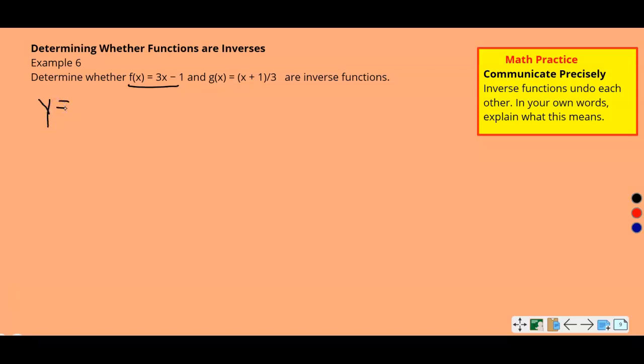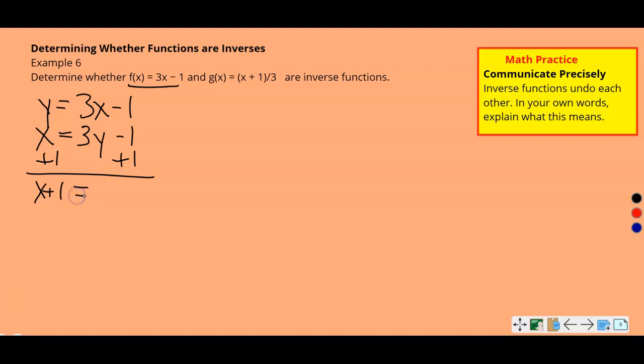So we're going to do y equals 3x minus 1, switch our x and y, and then add 1. So we've got x plus 1 equals 3y, and divide by 3.